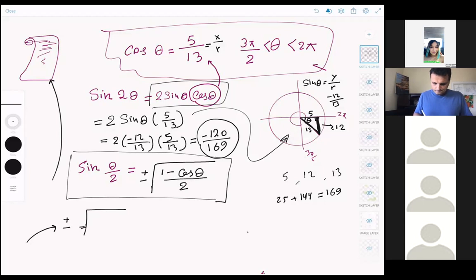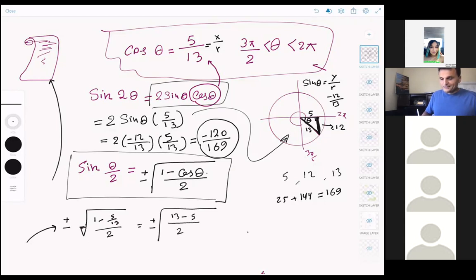Radical of 1 minus cosine theta, which is given as 5 over 13, divided by 2. This will be plus minus radical of (13 minus 5) over 26.